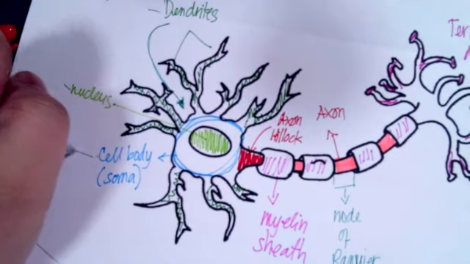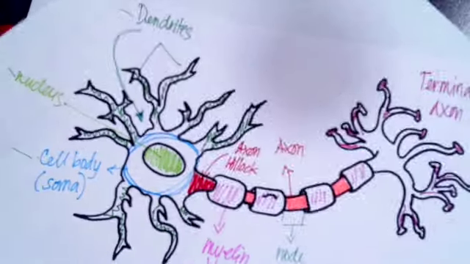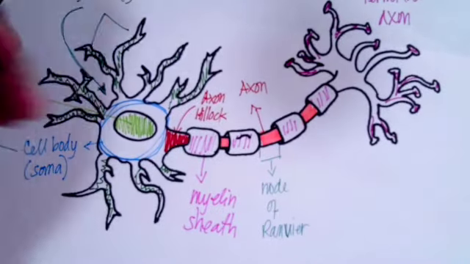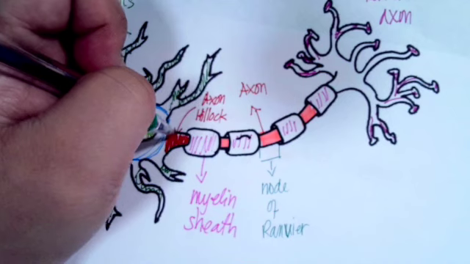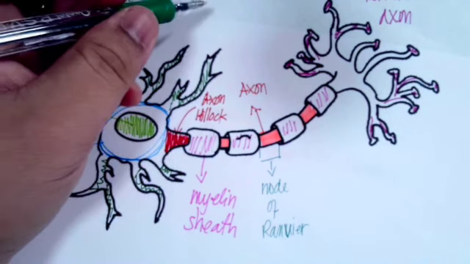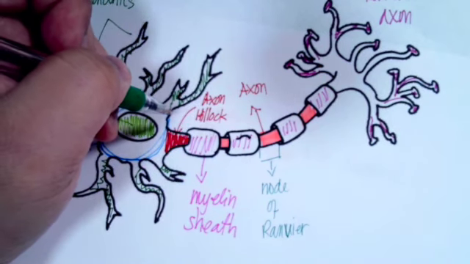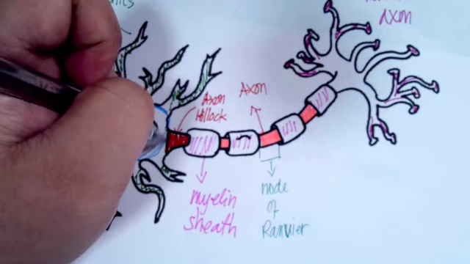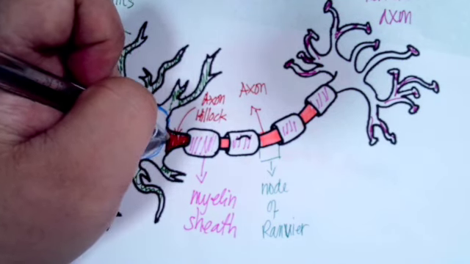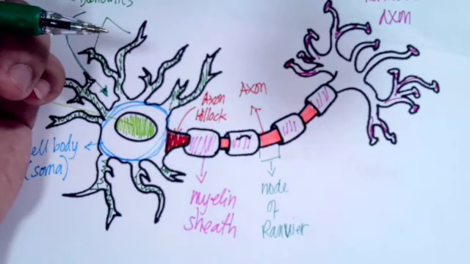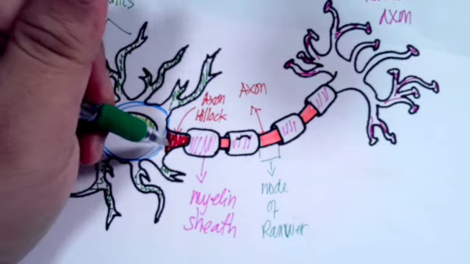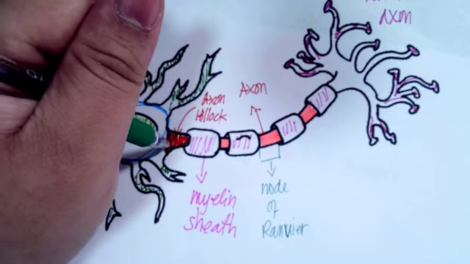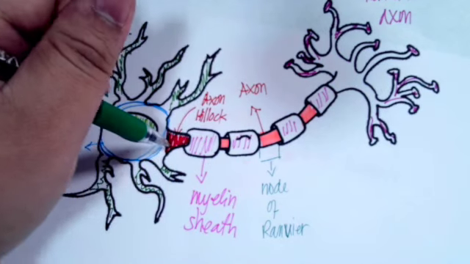So next we have the axon hillock. It is an enlarged area of the neuron cell body, where the decision to initiate or not to initiate a nerve impulse takes place.